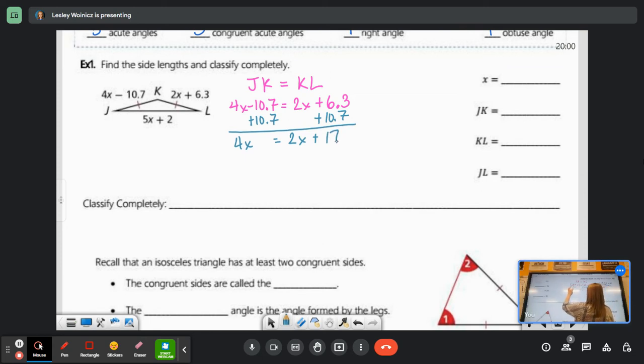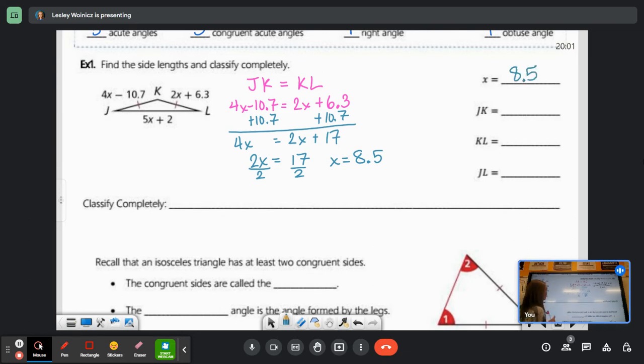So 17. You can check me on a calculator. Then subtract the 2x from both sides, and I've got 2x equals 17. Divide both sides by 2, and x is half of 17, which is 8.5.